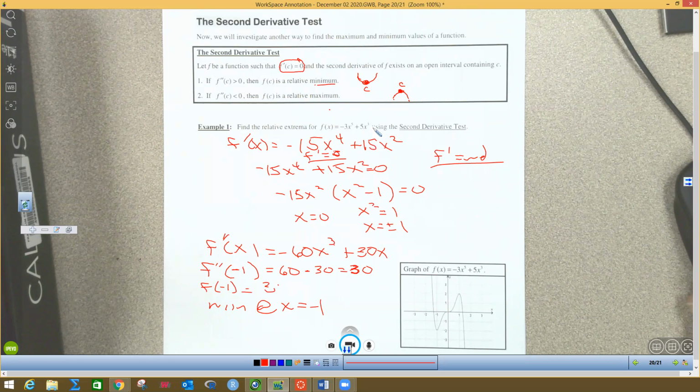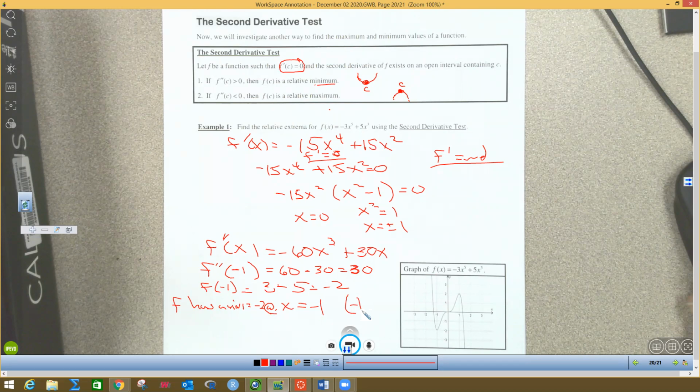And negative 1 to the 3rd power is negative 1, times 5 is minus 5, so that's negative 2. So I can say f has a min equal to negative 2 at x equals negative 1.